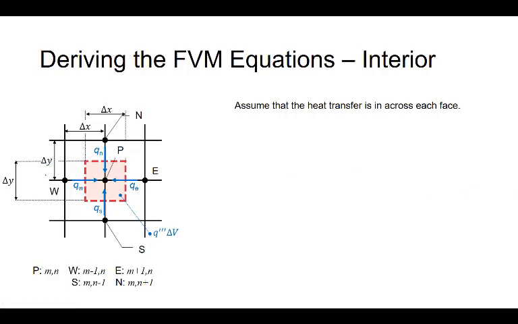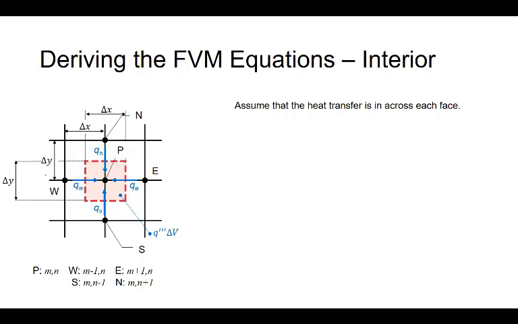I have labeled the heat transfer across each face of the volume. There is heat transfer across the west, east, south, and north faces. These heat transfers are denoted by Q sub W, Q sub E, Q sub S, and Q sub N, respectively.